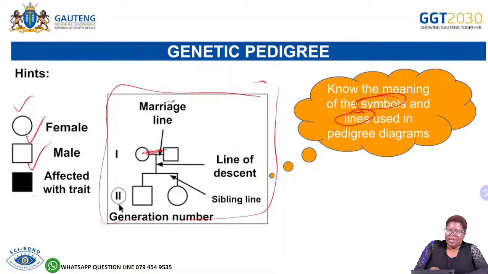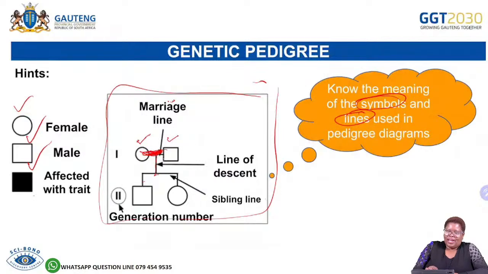It means in the first generation, the mother who is not affected marries a husband who is not affected. Now this horizontal line represents marriage. And the one that goes down is the line of descent.